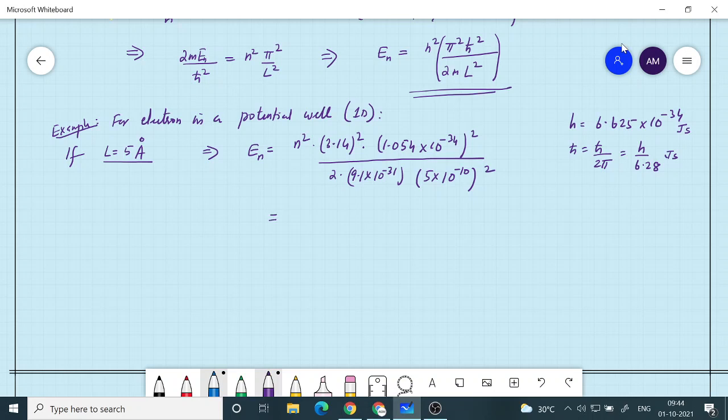Okay, so if you calculate it, you will get n square into 2.41 into 10 raised to minus 19 joules. So it depends on n. Now if n is equal to 1, we will get E1 as 2.41 into 10 raised to minus 19 joules.